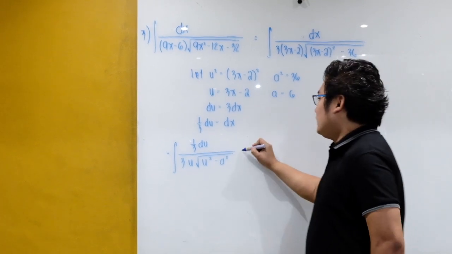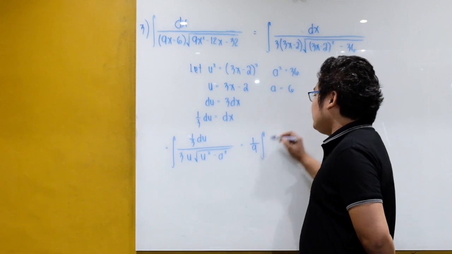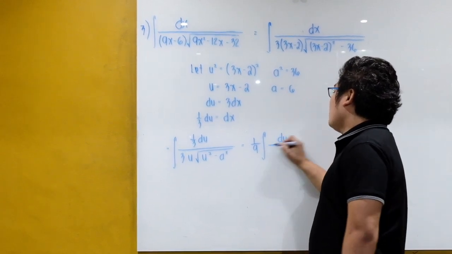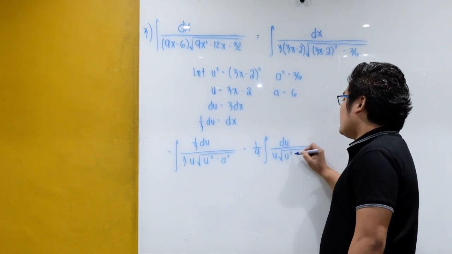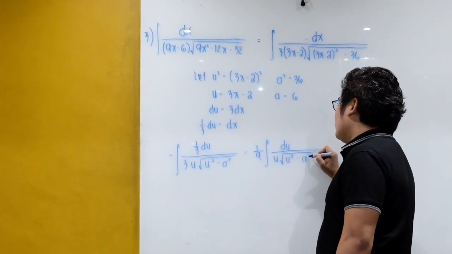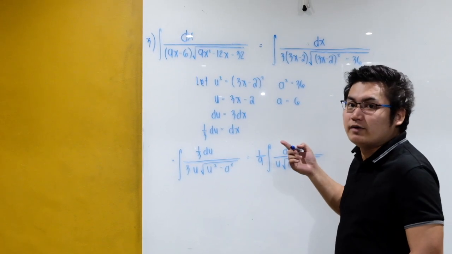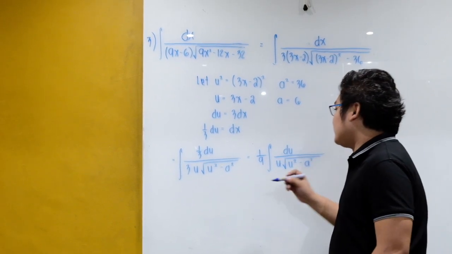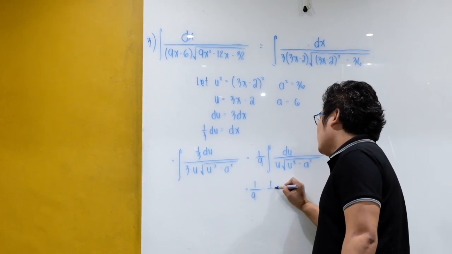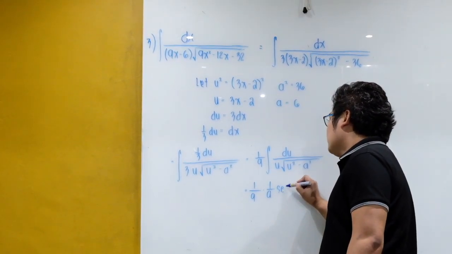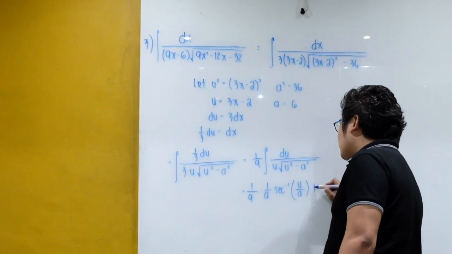And this is equal to 1 over 9 multiplied by the integral of du over u multiplied by the square root of u squared minus a squared. So the form of the integral is equal to the inverse trigonometric function of secant. So this will become 1 over 9 times 1 over a secant inverse of u over a plus c.